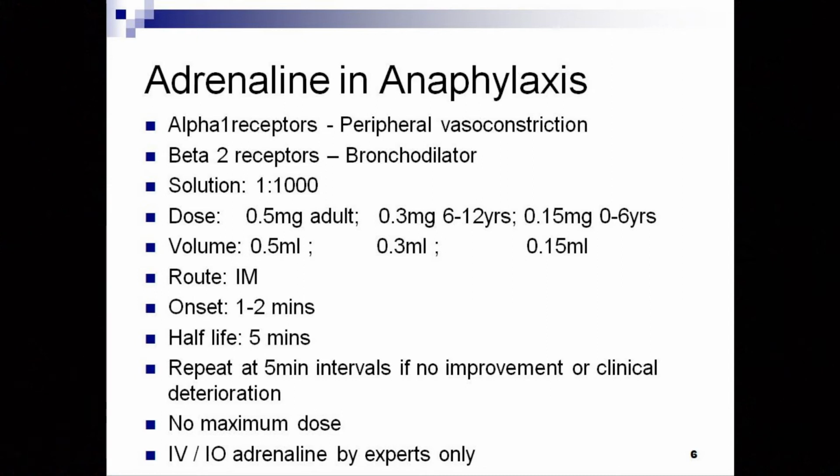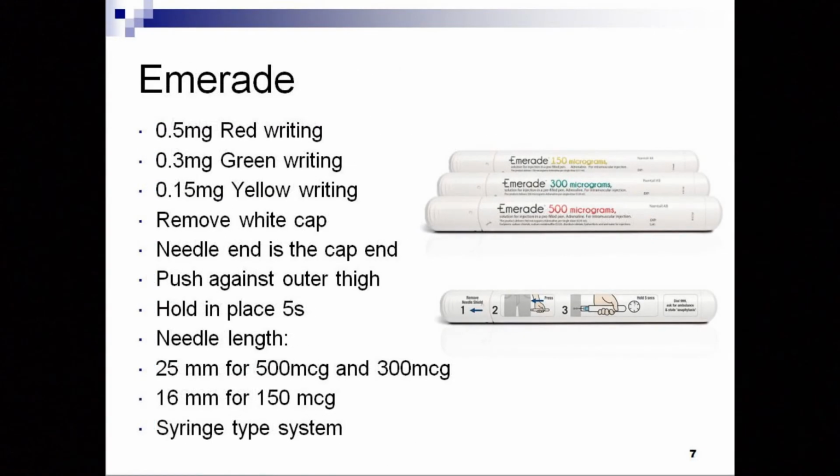Currently in the United Kingdom, there are 3 different types of adrenaline auto-injectors. Emerade comes in a white container. Emerade has 3 doses, 0.15, 0.3 and 0.5 milligrams. To use Emerade, you remove the white cap.